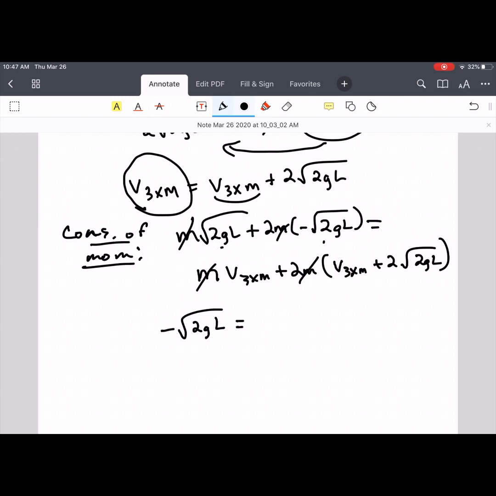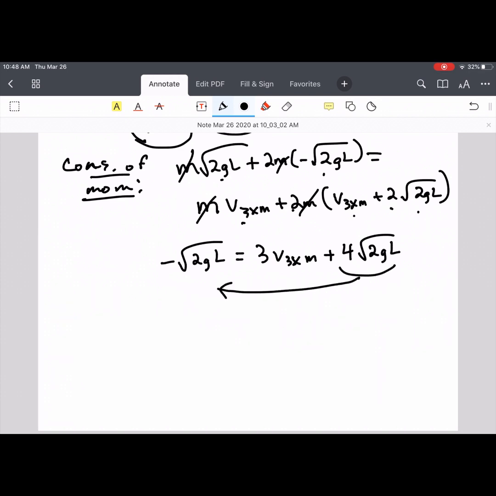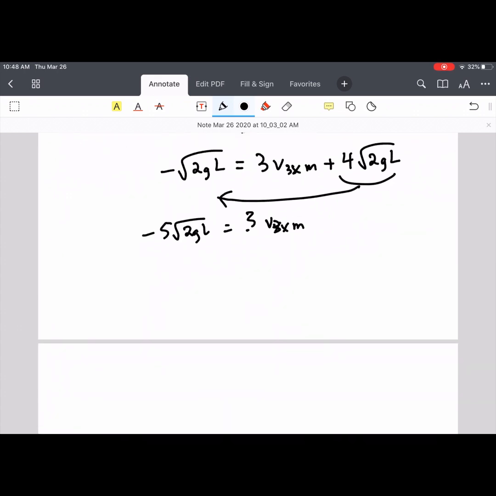That is equal to v3xm plus 2v3xm is 3v3xm, plus 2 times root 2gl, that's plus 4 root 2gl. First, I'll bring this 4 root 2gl over to the other side. So I have negative 5 root 2gl is equal to 3 v3xm. And divide through by 3, I get that the velocity of this guy after the collision is negative 5/3 root 2gl. In other words, it speeds up.